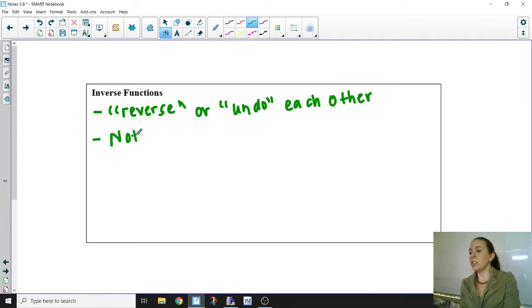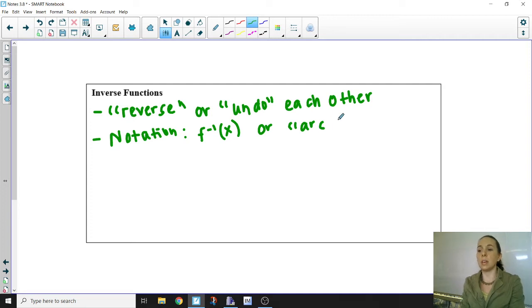Now, the notation that we typically use is a -1 superscript on our function. But also I want you to know that anytime you see arc, A-R-C, and you will see that sometimes with the trig functions in particular, like arc sine, arc cosine, that means the same thing. It means the inverse function.